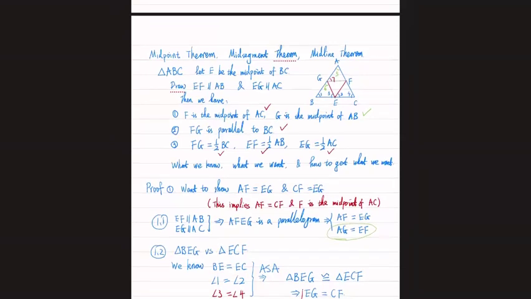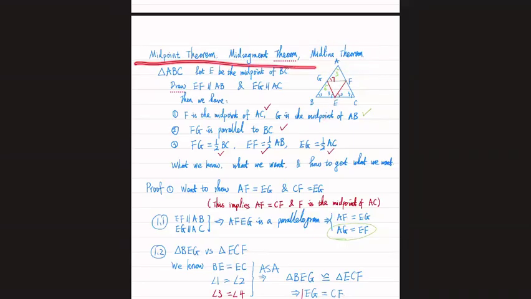Okay, so let's have a brief review of what we have proved. This is the so-called midpoint theorem. If we focus on the 3 points, the midpoints. If we focus on the 3 segments, then this is also called the midsegment theorem. If we focus on the midlines, the lines that go through the midpoints.